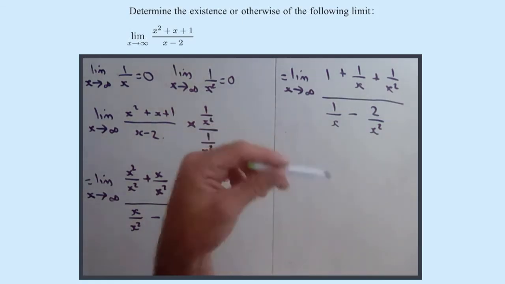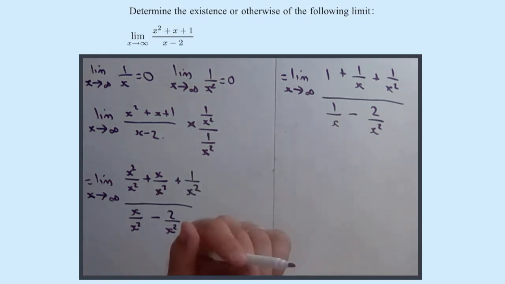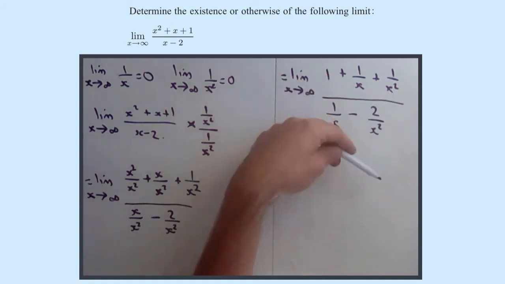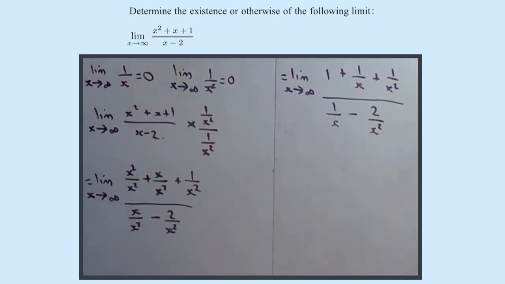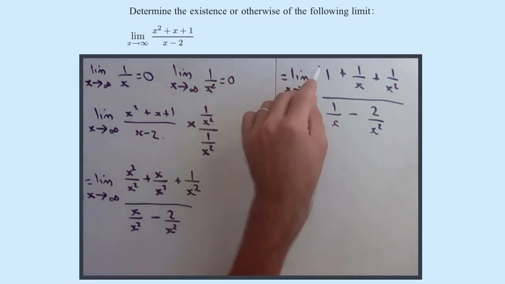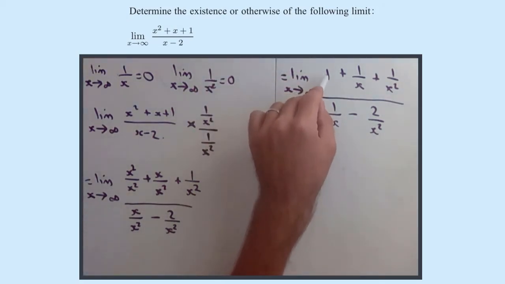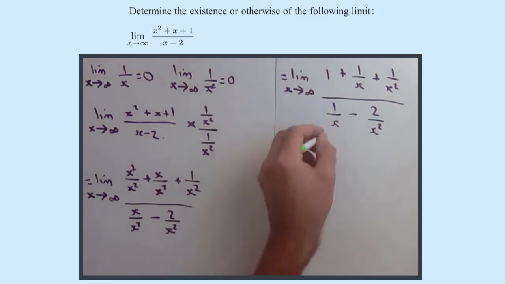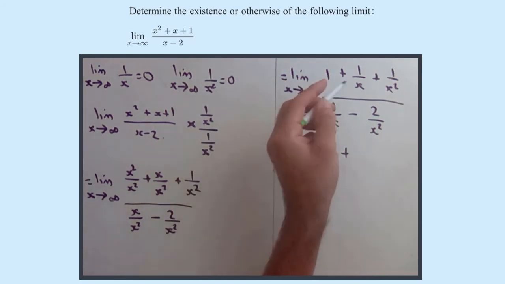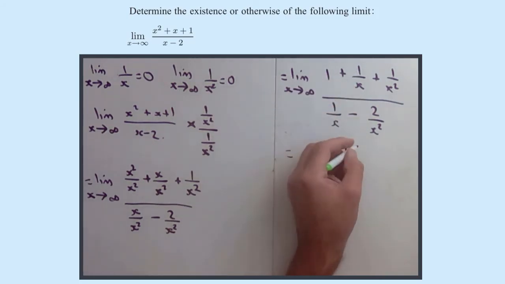Right, so now we can just evaluate these individually. Remember, the sum of the limits is the limit of the sums, and the limit of the quotients is the quotient of the limits. So we're just going to evaluate each limit individually. Whenever there's no letter involved, it's just the constant. So this is 1. That equals 1 plus, we know that the limit as x approaches infinity of 1 over x is 0.